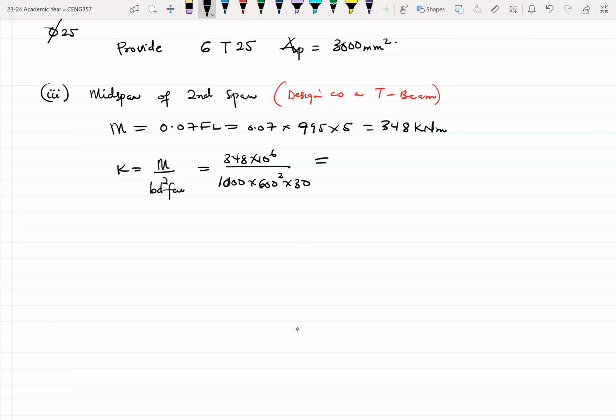If you do this calculation, you should get, if I remember what I had, let me see if it tallies. Yes, this is 0.03. Very small. Because it's very small, this means that our Z is likely going to be 0.95D, which is the 570 we had earlier. You can always check and see.